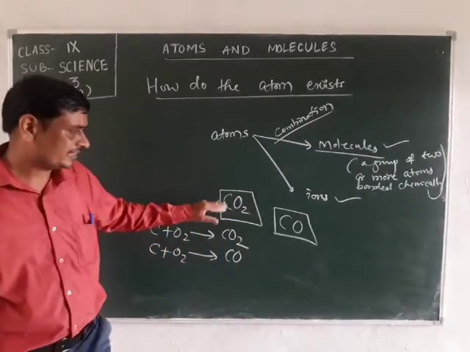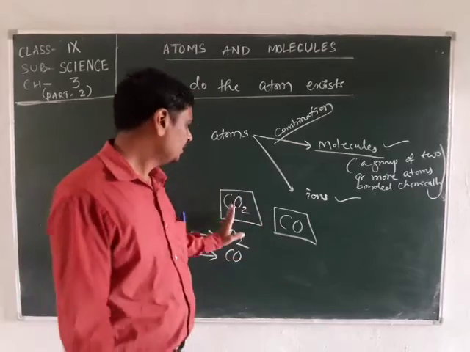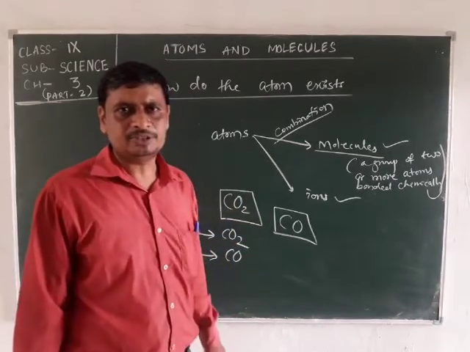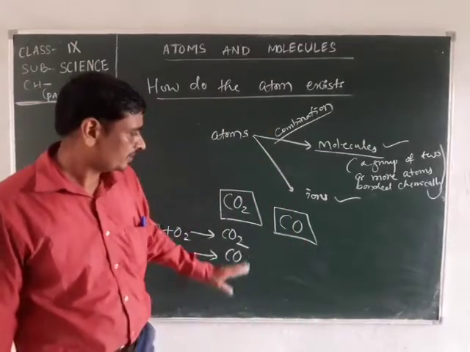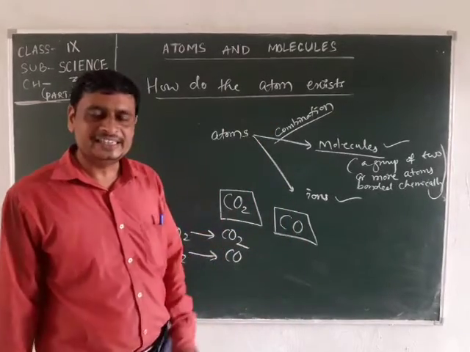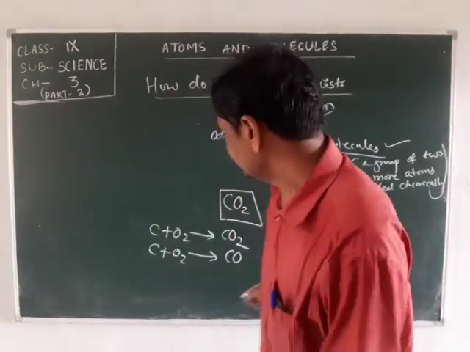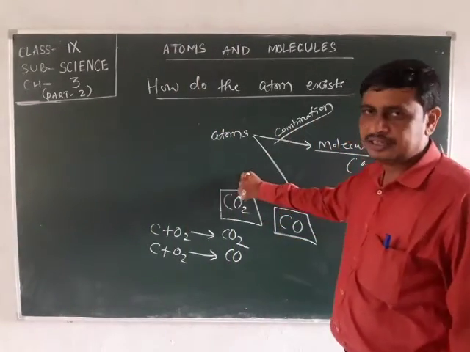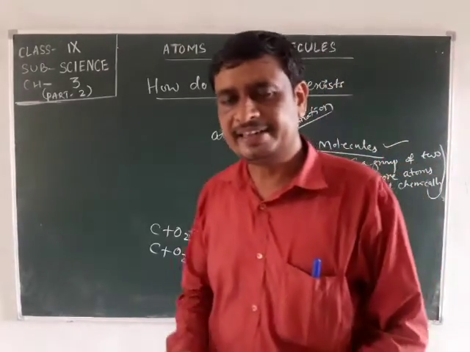But carbon dioxide and carbon monoxide are two different compounds having atoms of different elements, and they show different masses also. In this case, the atoms lose their properties when they react chemically.